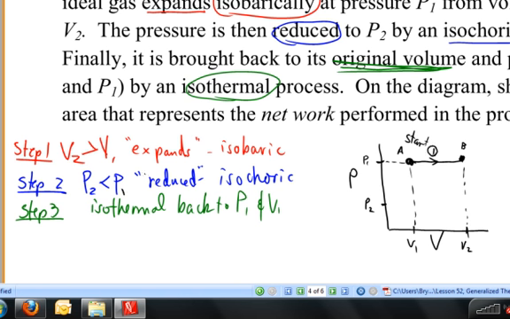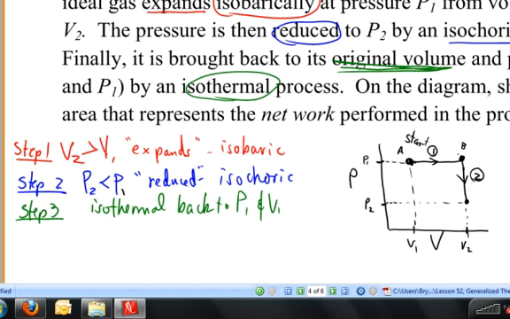Step 2, I'm going to go to P2, which is going to be down here, in an isochoric process. So I'm going to stay at V2 and go down to pressure P2. My second step is going to look like a vertical line that goes downward.